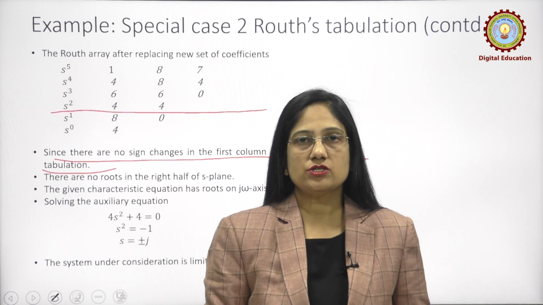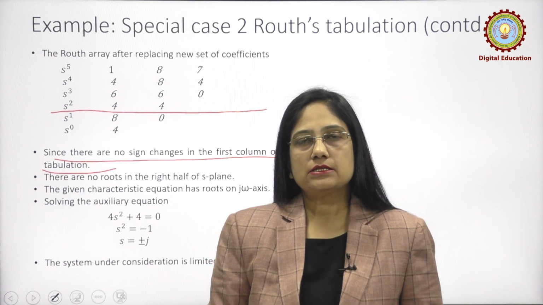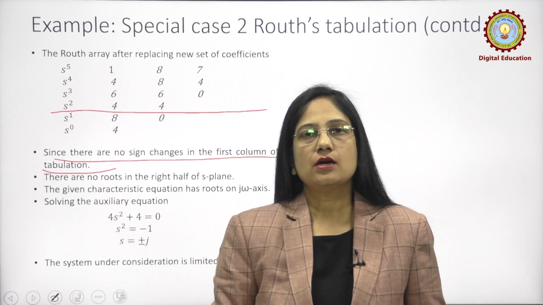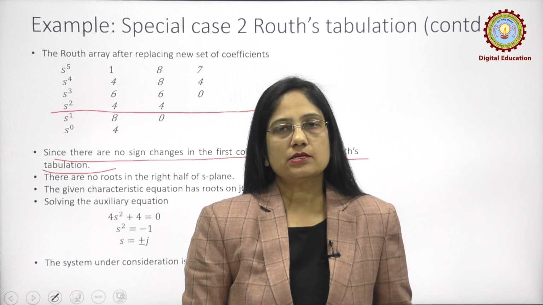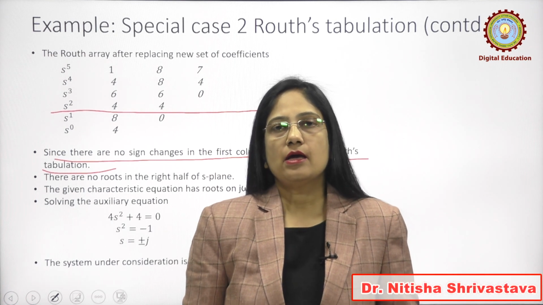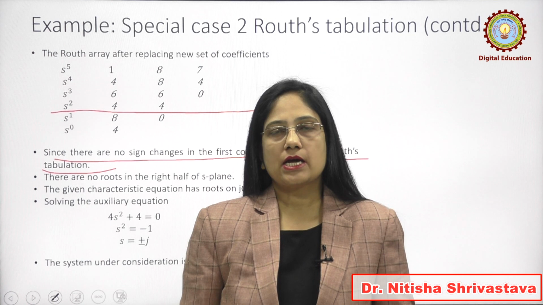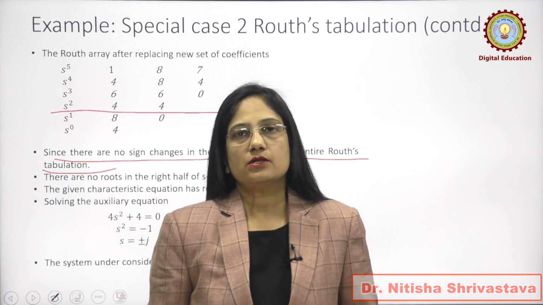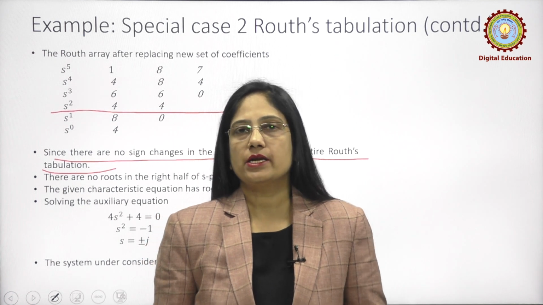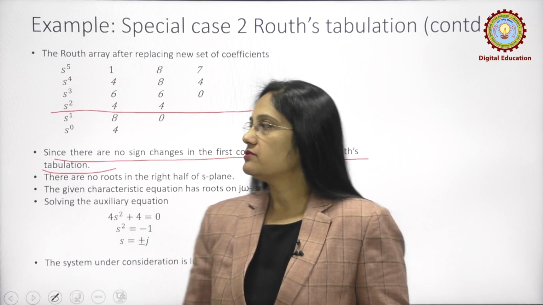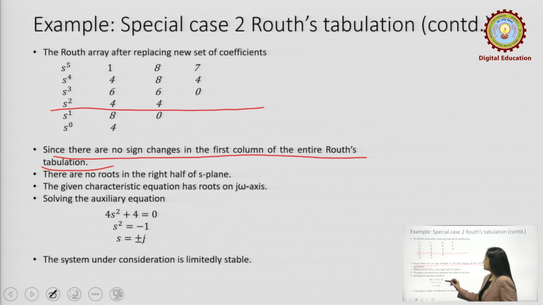Since there are no sign changes, there are no roots in the right half of the S plane, but since we prematurely ended with the Routh tabulation, there are roots on the j omega axis and the remaining roots would be on the left half of the S plane.